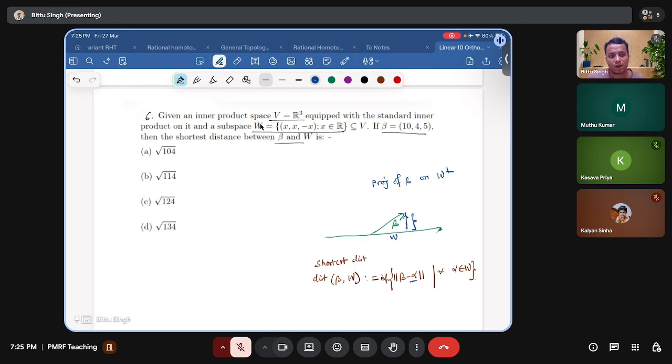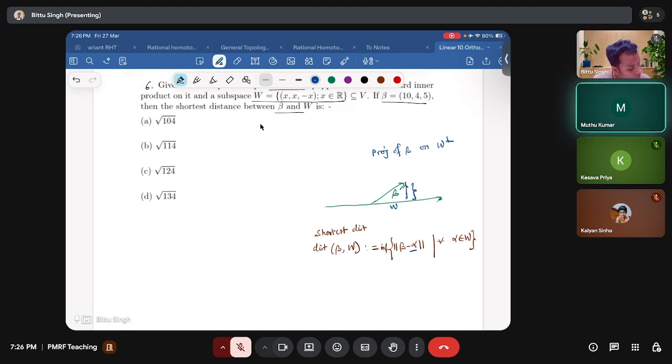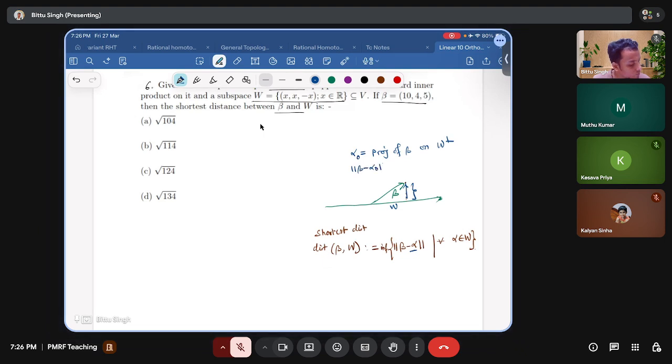This is the rough idea. You need to prove that this choice is the smallest possible by using the triangle inequality, this kind of thing. So the shortest distance is given by beta minus alpha 0.